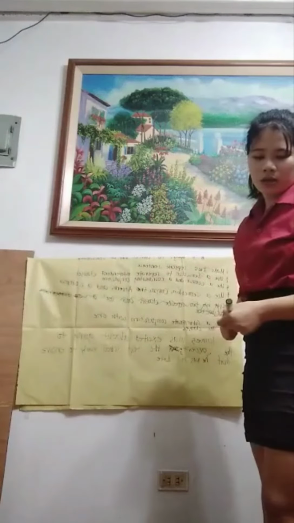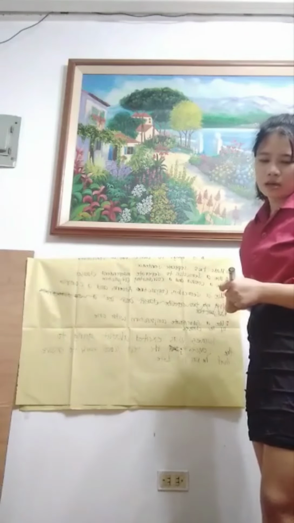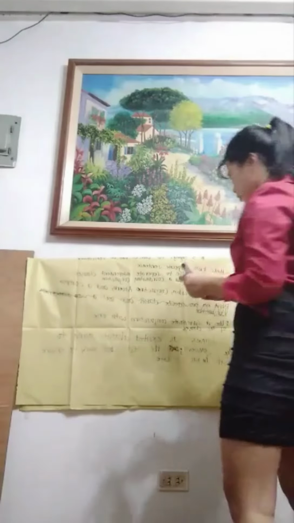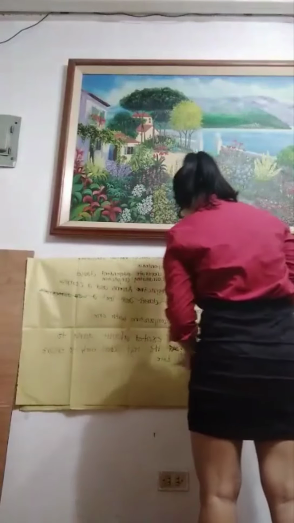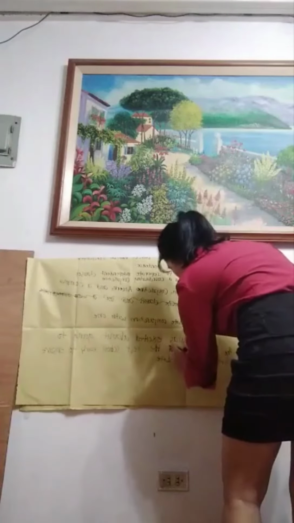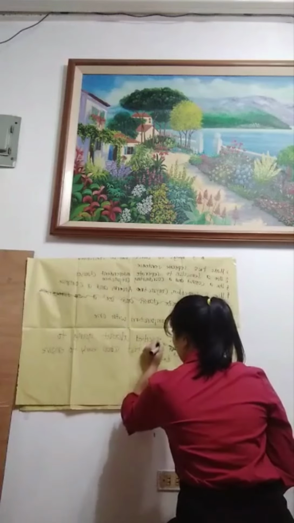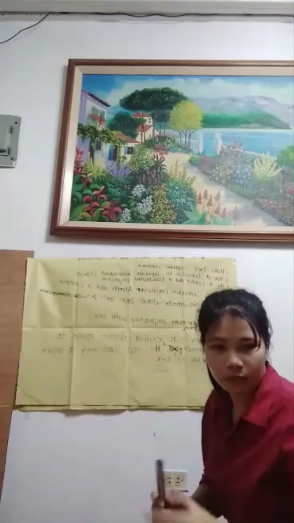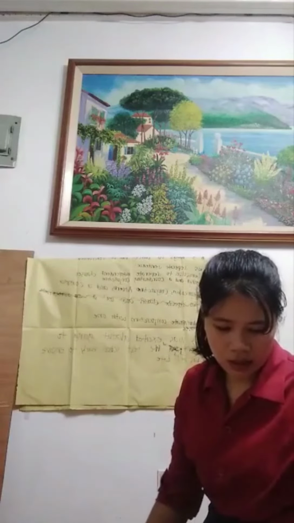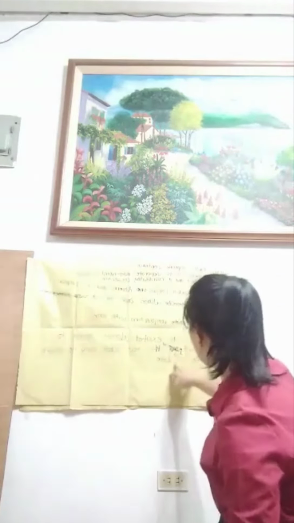An example, James was excited about going to the concert, and we put a comma and insert and, that is a conjunction between the clauses.